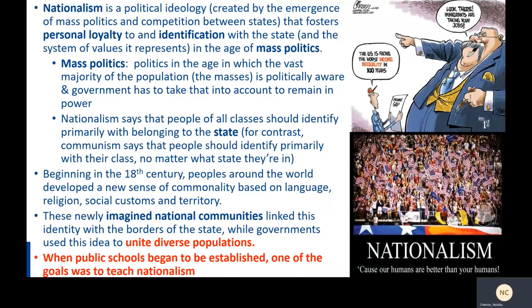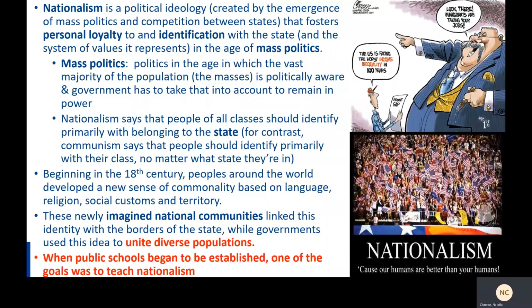It's not just living in America, it's feeling like you are American, like deep down in your core. Mass politics is politics in the age in which the vast majority of the population, the masses, is politically aware, and the government has to take that into account to remain in power. So this began with the Industrial Revolution.